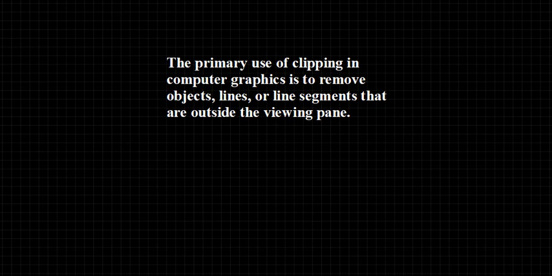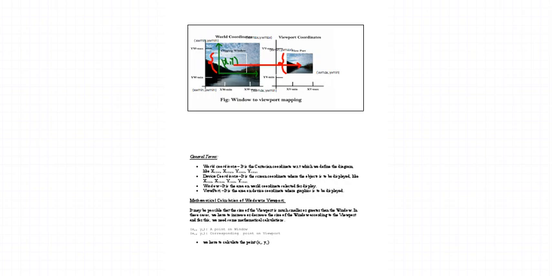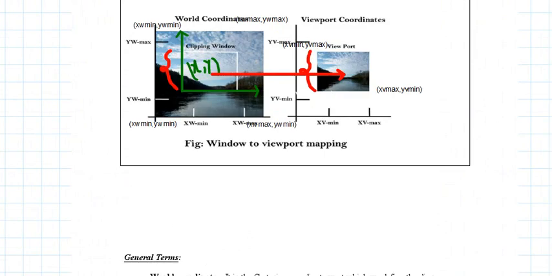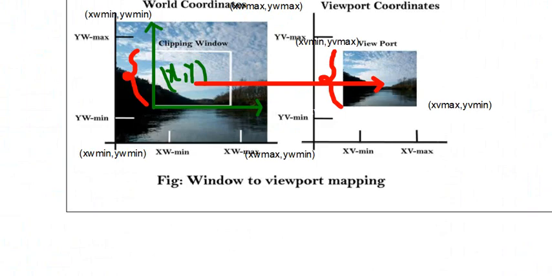To understand why we actually need clipping, let me go back to the previous tutorial, which was about window to viewport transformation, for a moment. Just look into this diagram. You have an entire set of objects defined, and this was your clipping window.